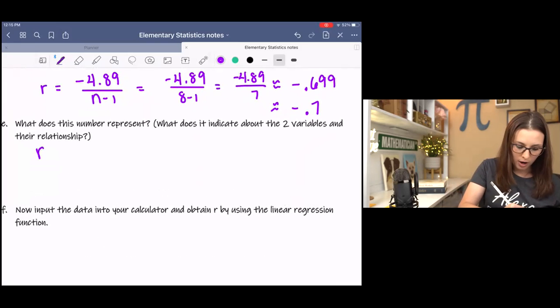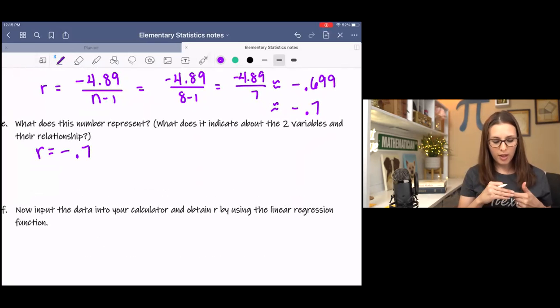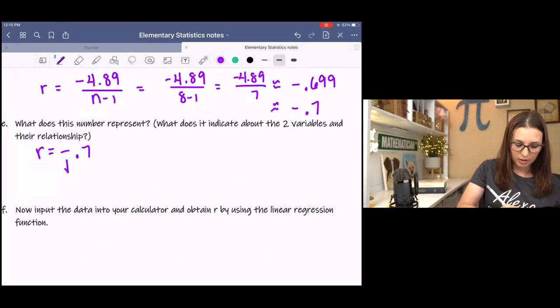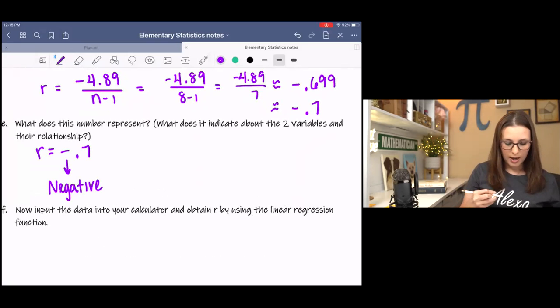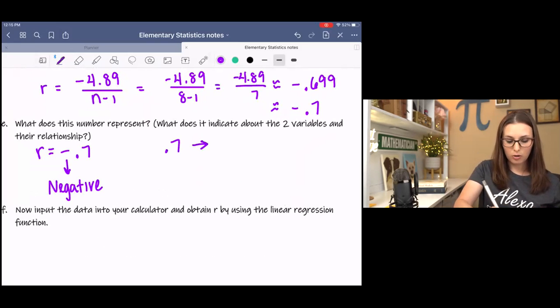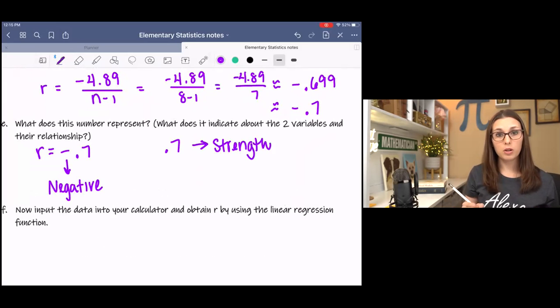We have an R value of negative 0.7. Remember that the sign indicates the type of relationship, and the value indicates the strength of the relationship.